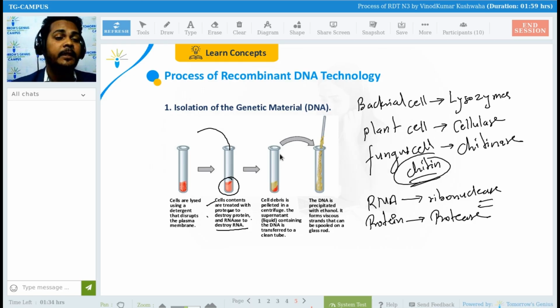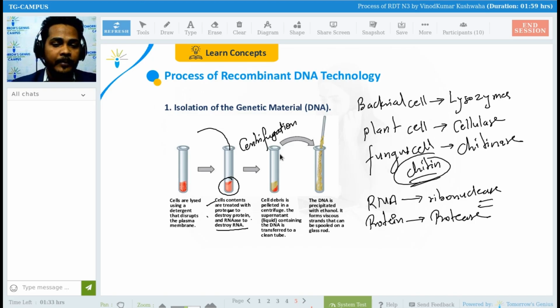Now this is all separated, but not very easily, so you need to do centrifugation. Centrifugation is a technique where you can separate heavy and lighter molecules. The cell debris, and what is the meaning of debris? All the RNAs and proteins which are denatured are cell debris.